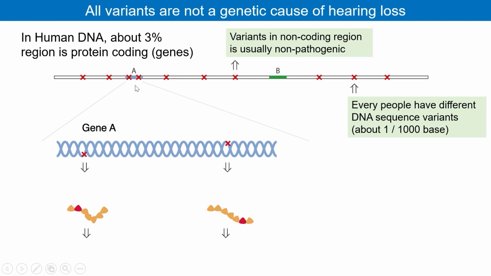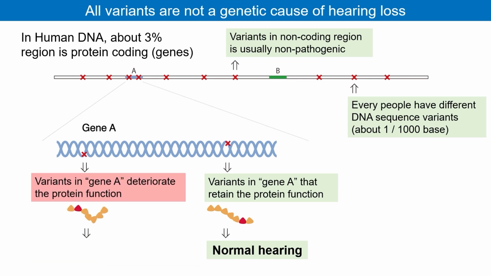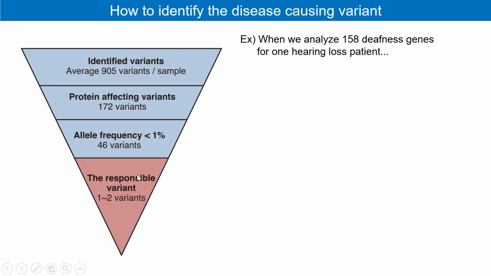And even within gene A, variants that retain the protein function do not affect hearing function, so they are normal hearing. However, a variant in gene A that deteriorates the protein function finally causes hearing loss. So it is important to figure out which identified variant is the genetic cause.